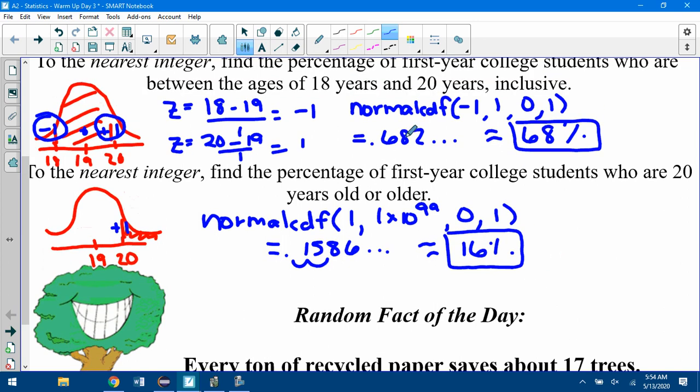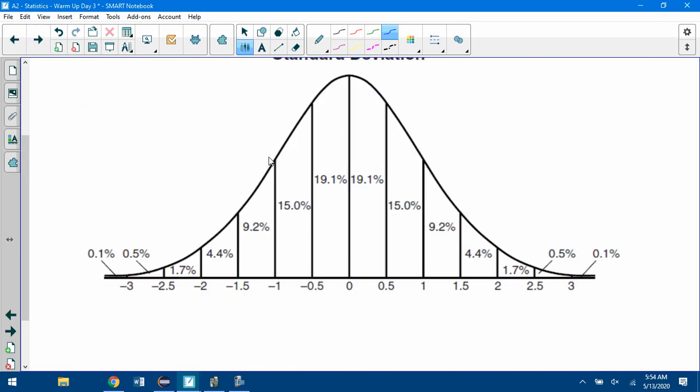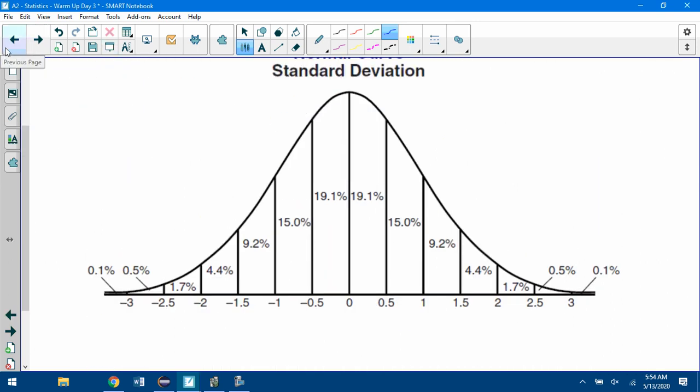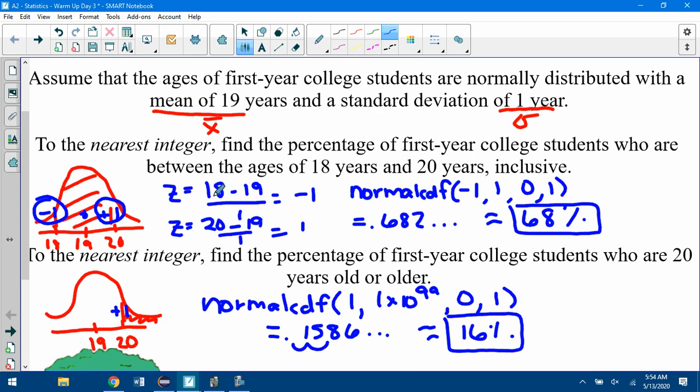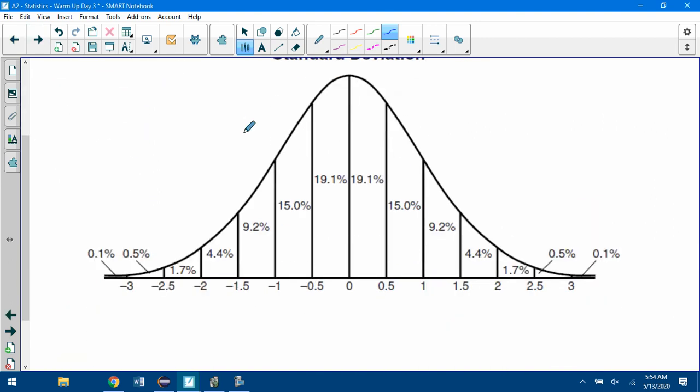Okay, so I want to connect one more time, and you'll see this in the notes. What the z-scores in this normal CDF is doing is it's making it so you could use this chart. Now, this chart is if you didn't have a calculator. I'm trying to use it to show you what the calculator's figuring out. For this first one, we were looking at percentage between 18 and 20. That was from -1 standard deviations to +1. So that would be from here to here.